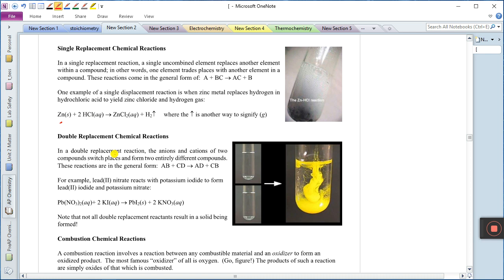So you should have element plus compound gives you element plus compound. So zinc being a metal replaced what? Hydrogen. Is hydrogen technically a metal? No, but for the sake of single replacements, metal will replace hydrogen, or metal will replace metal.